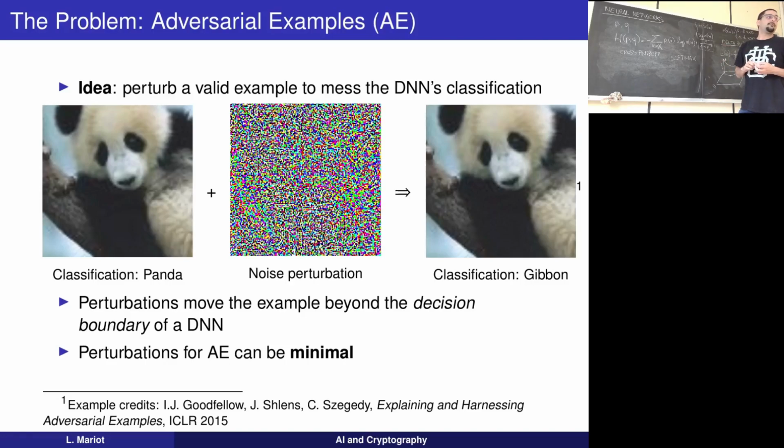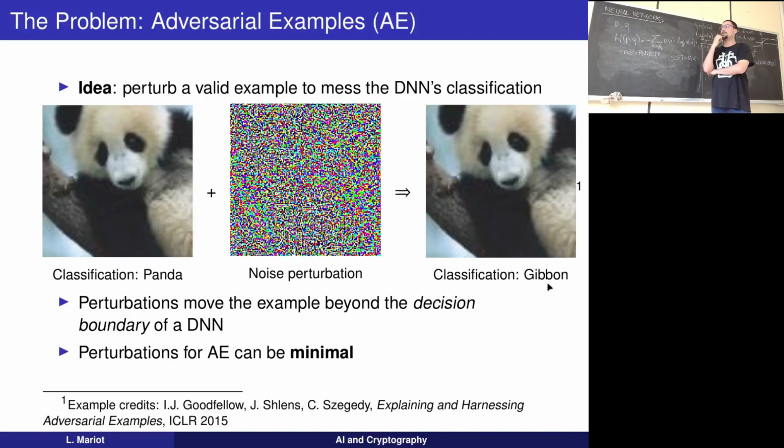But the decision surface won't be a hyperplane, it will be something more complicated. So what is the idea of an adversarial example? The idea is exactly to exploit this fact about the decision surface. If you take a valid example, something that should be classified correctly, for example as a panda by a neural network, and add enough perturbation, enough noise, then you will mess up the classification.